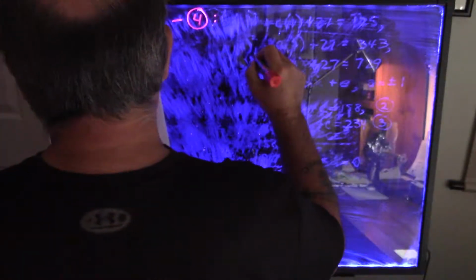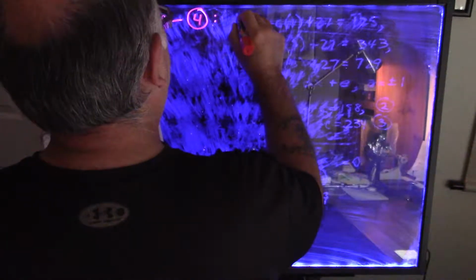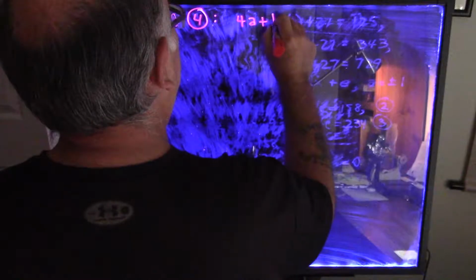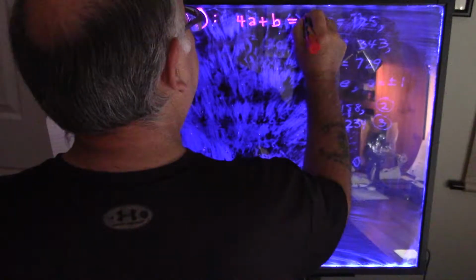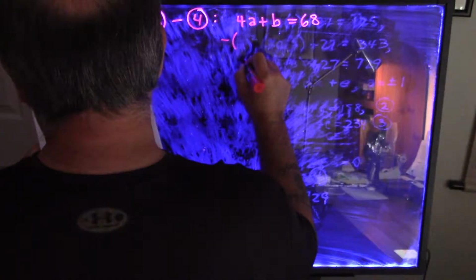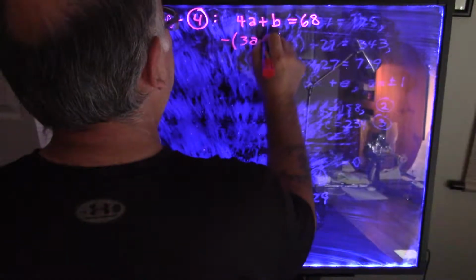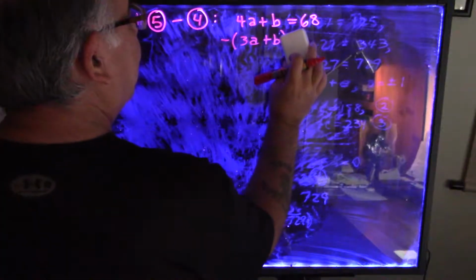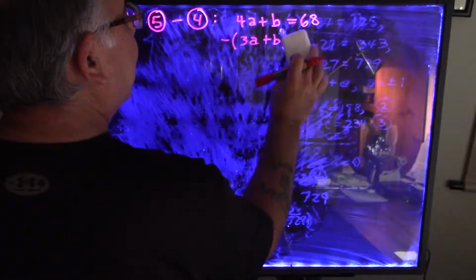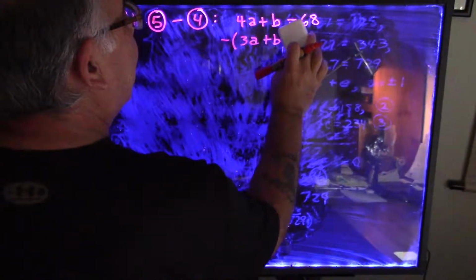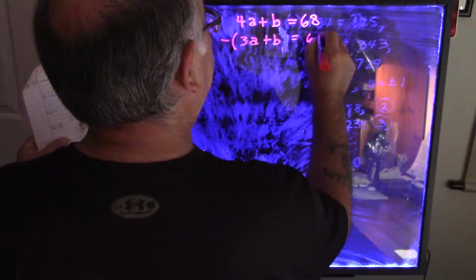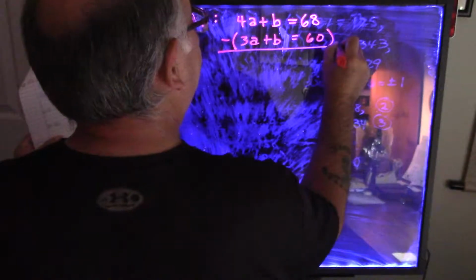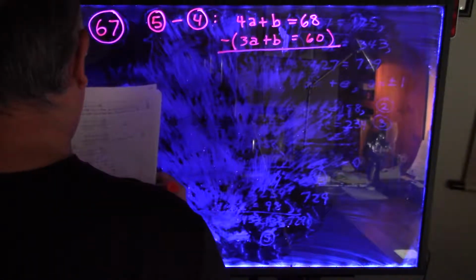So we've got equation 5 is 4a plus b equals 68, and subtract from that equation 4, that's 3a plus b equals 60, now close parentheses because I'm subtracting everything from equation 5.